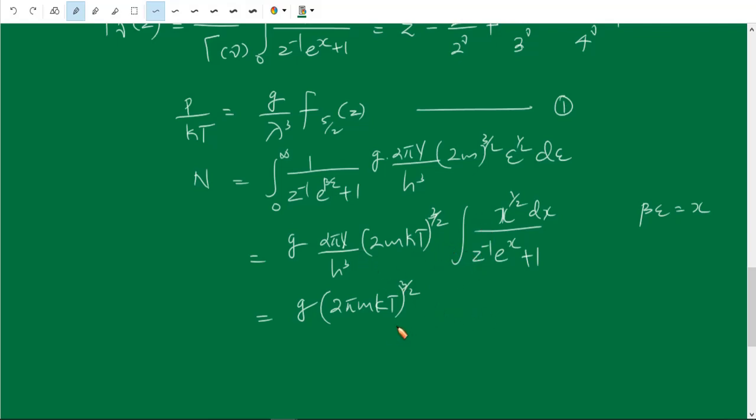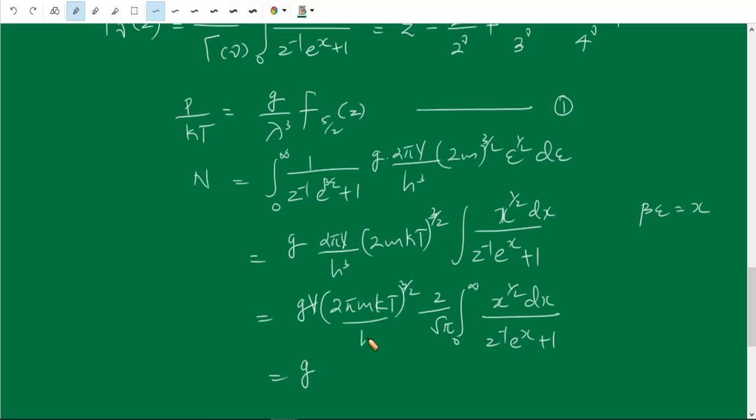So here I have multiplied by root pi, so I have to divide by root pi here, and this 2 comes here. So (g v (2 pi m k t)/h squared)^(3/2) divided by root pi, integral x raised to half dx divided by z raised to minus 1 e raised to x plus 1.